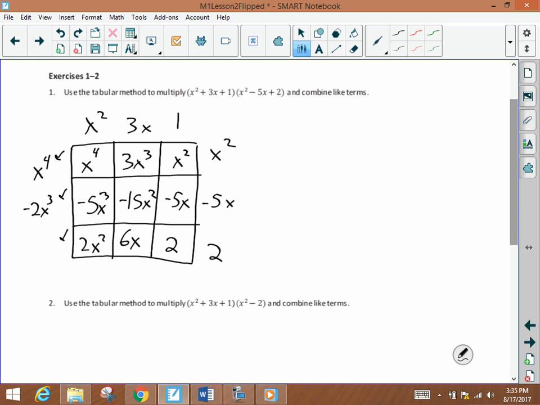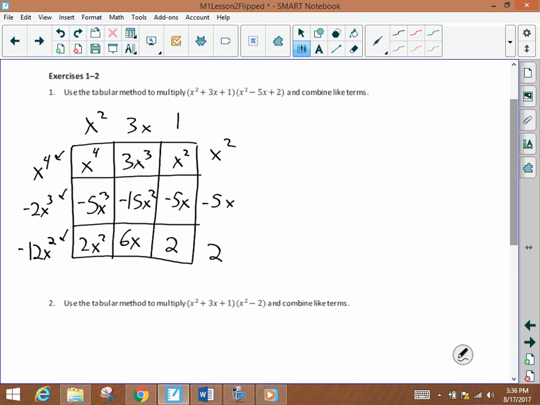And so I'm going to combine those terms. 2x squared plus x squared is 3x squared. And then I'm going to add 3x squared to negative 15. So when I add all 3 of those, I get negative 12x squared.